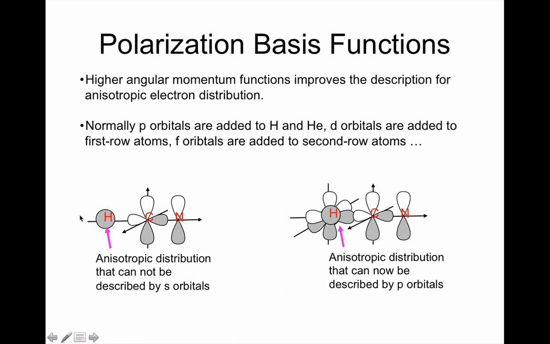We can allow for this by including on hydrogen a set of p orbitals in the basis set, meaning that using these p orbitals, that is higher angular momentum functions, we can allow the electronic distribution to deviate from being spherically symmetric. So this is why polarization basis functions usually are quite important.